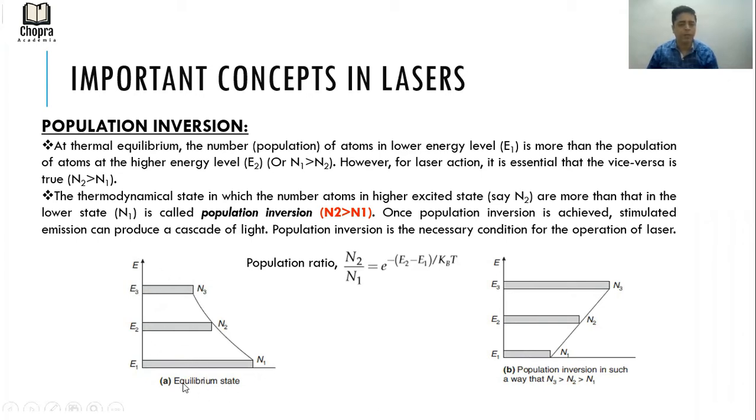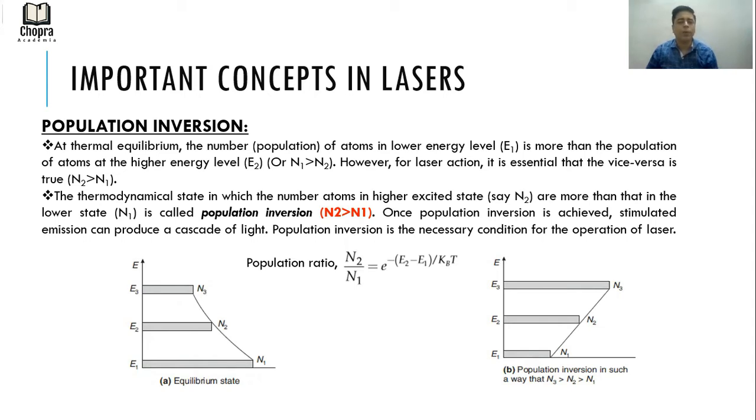However, for laser action, it is essential that the vice versa is true, or N2 should be greater than N1. Why is that so? Because only if N2 is greater than N1 can we have a substantial probability for stimulated emission, which is the main phenomenon with which lasing action takes place. So what is population inversion?